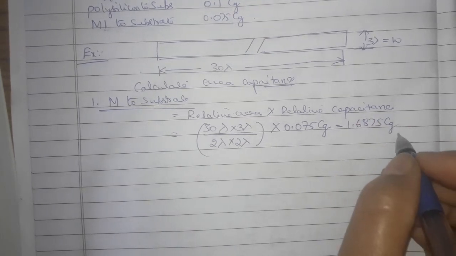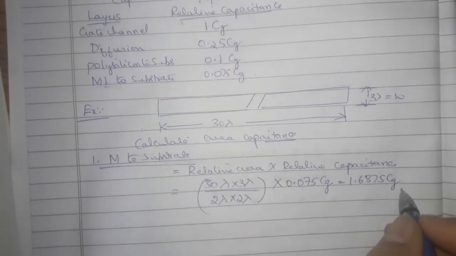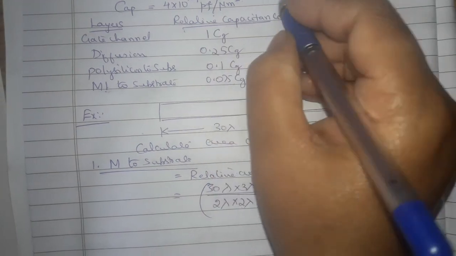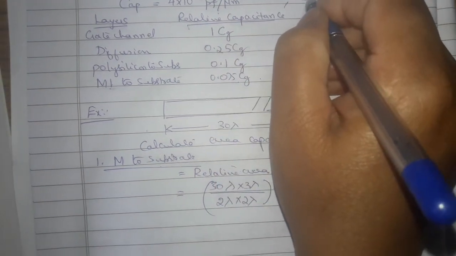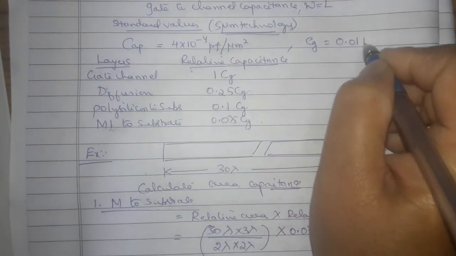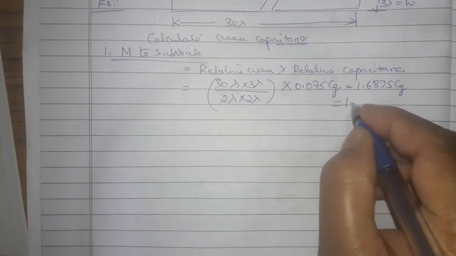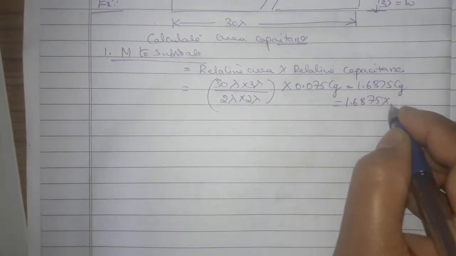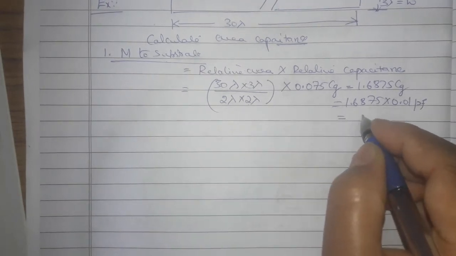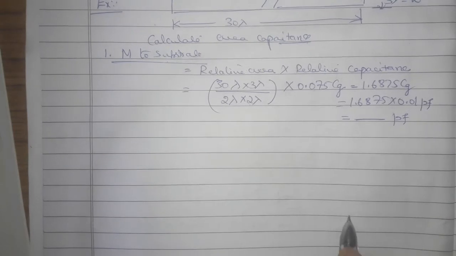What is the value of Cg? Cg is 0.01 picofarad, a standard Cg value. So this will be 1.6875 into 0.01 picofarad.